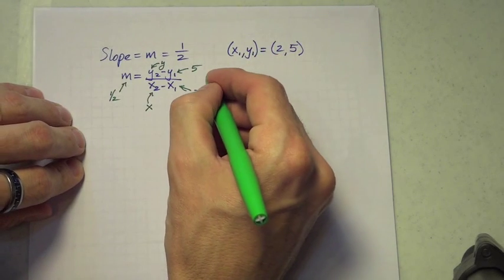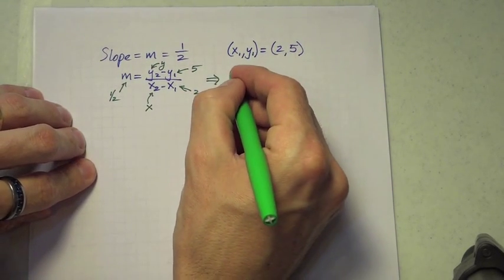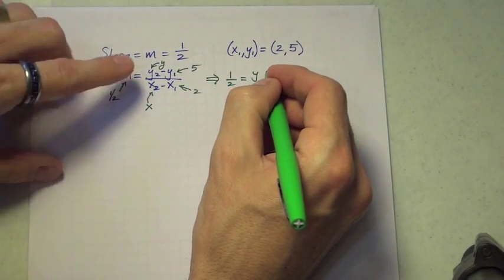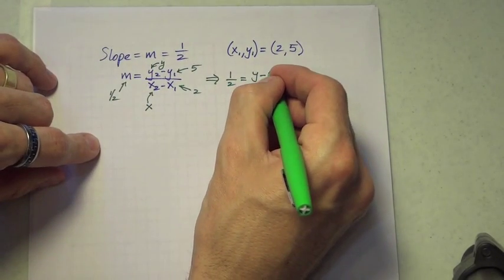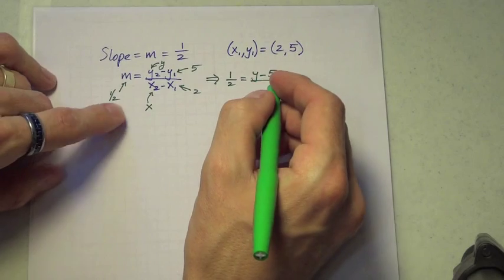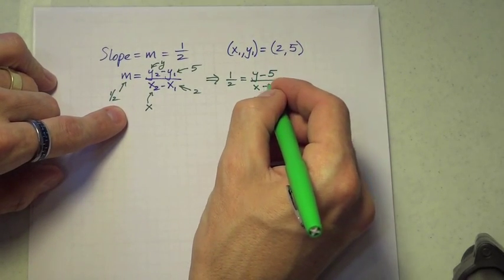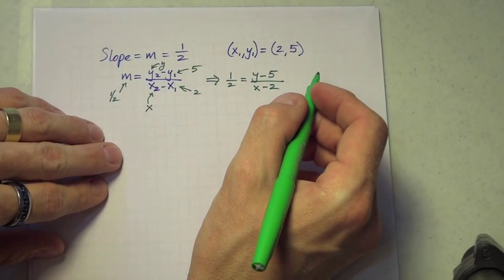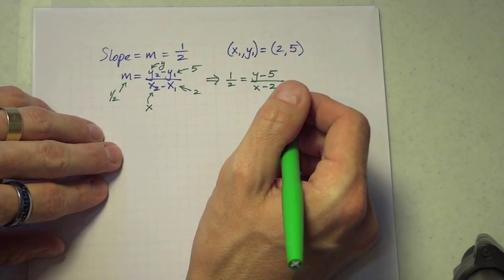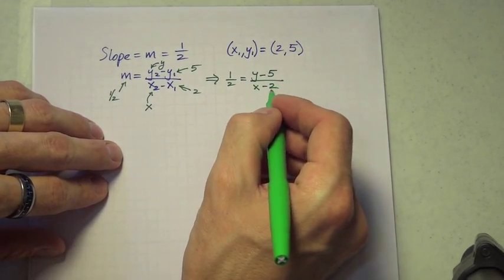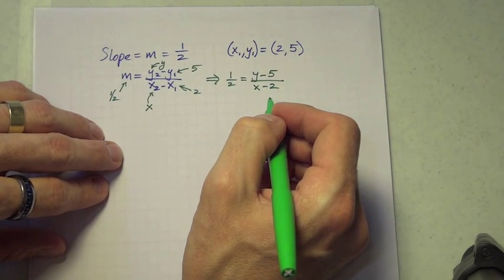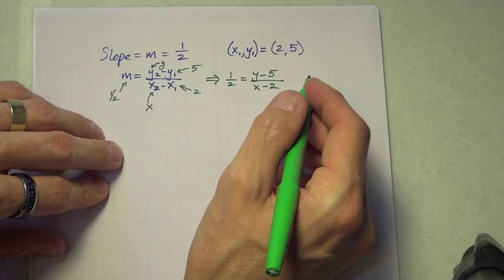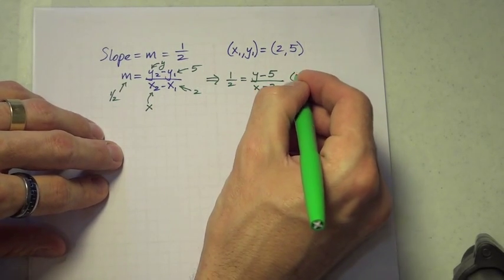So by substituting these, our equation now looks like 1/2 equals y minus 5 over x minus 2. And as we know from our algebraic rules, in order to get this x minus 2 term out of the denominator, we need to multiply both sides by x minus 2.